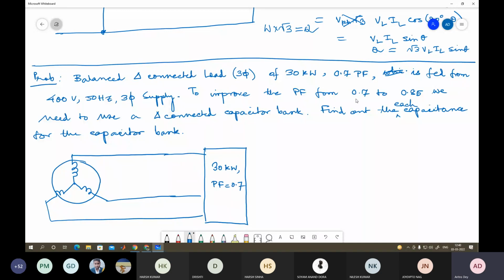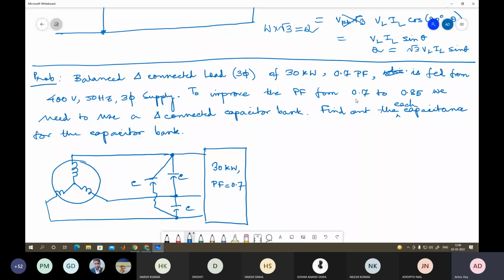And then to improve the power factor, you are adding a capacitor bank like this. So this is delta connected. You can very well understand that. So this C you need to calculate. This is delta connected. So how can we do that?